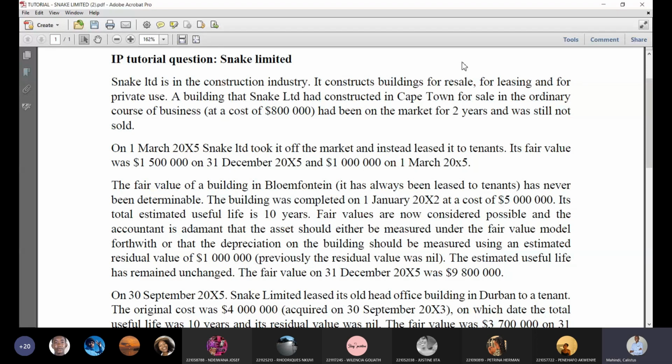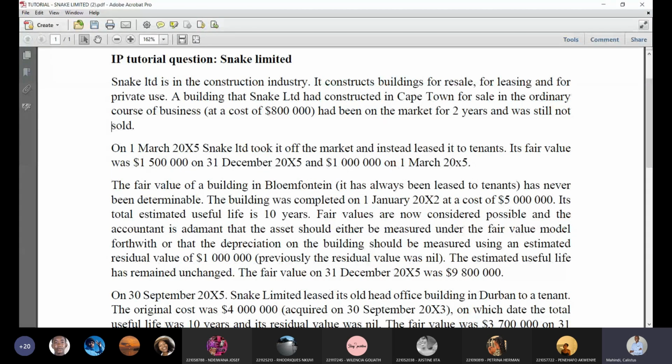And then we have buildings that are constructed for leasing purposes. How will those be classified? Investment property, exactly. And then the last one, buildings for private use, would be PPE.